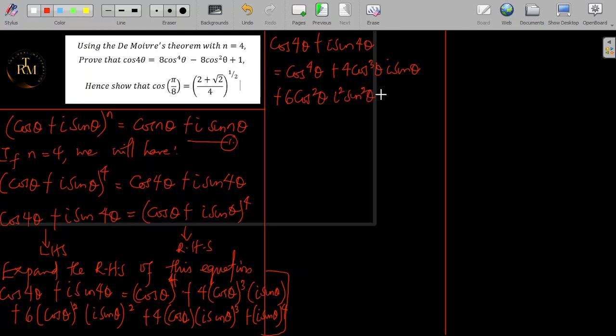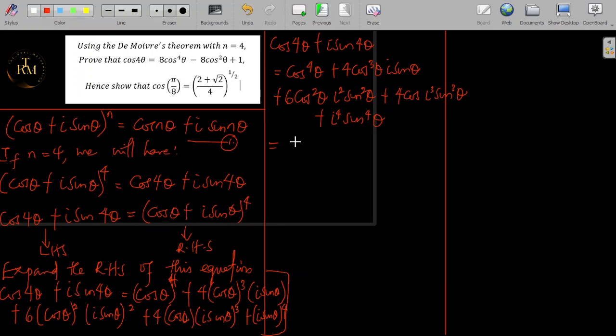I'm only just expanding the brackets there. Then plus 4 cos θ, i³ sin³θ, plus i to the power of 4 sin⁴θ.